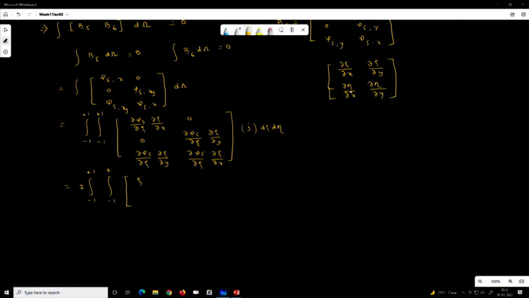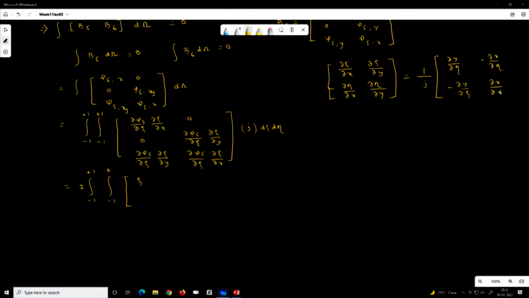This is essentially equal to 1 by det of J, that is dy by d eta, minus dx by d eta, minus dy by d xi and dx by d xi, so the Jacobian inverse essentially.